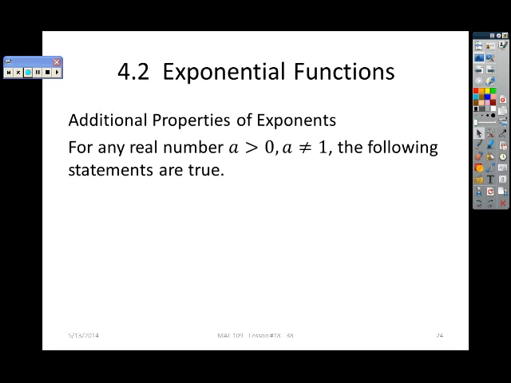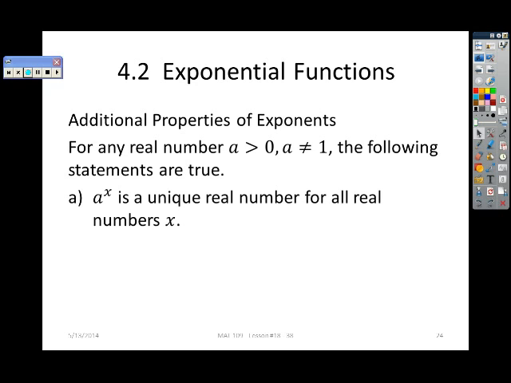And one of those things is that if you have a number a that's positive but it's not equal to 1, you don't want to let 1 in, because no matter what exponent you raise 1 to, you still keep 1. So anything other than 1 that's positive. Then with that kind of a number, the following things are true. If I take that number and raise it to a power, then every number that goes in for x gives me a different result.